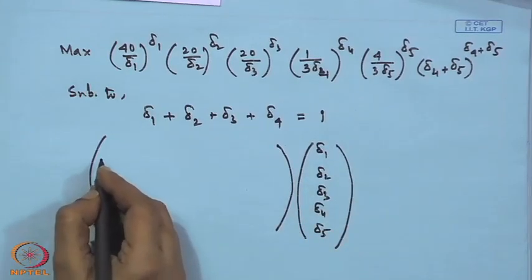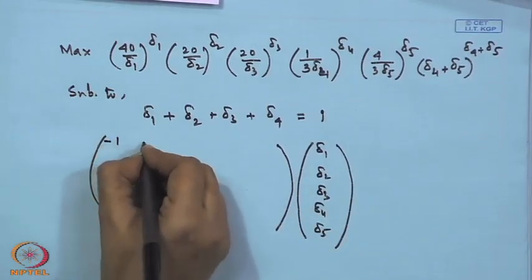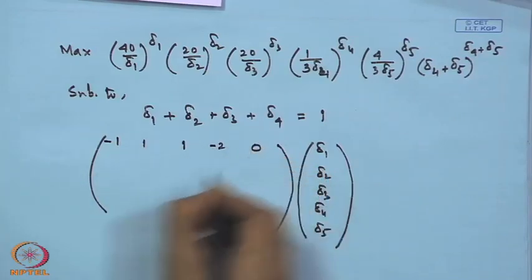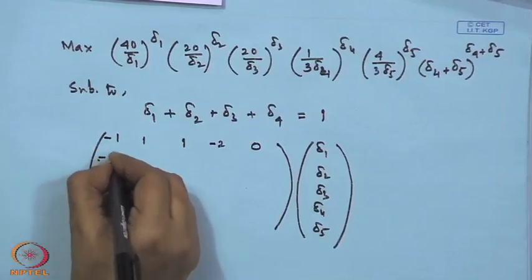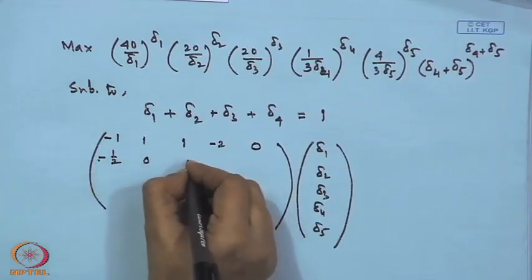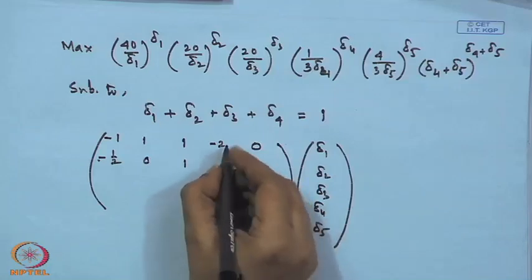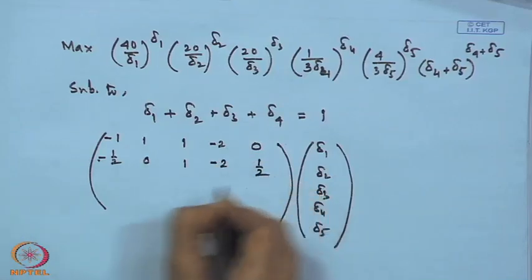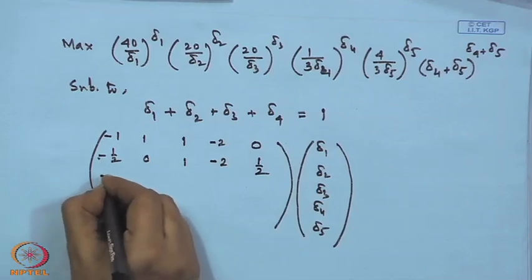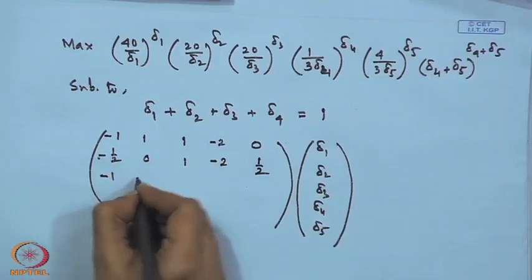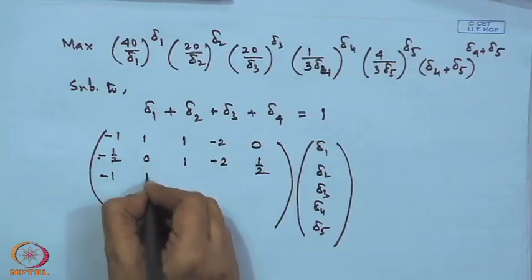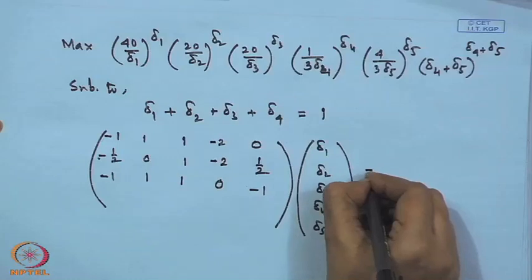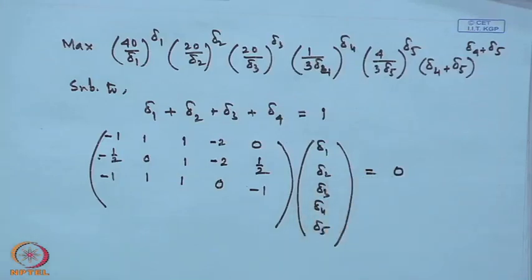For the first variable x1, we are having minus 1, 1, 1, minus 2, 0. For x2, minus half, 0, 1, minus 2, half. For x3, minus 1, 1, 1, 0, minus 1. This is equal to 0.